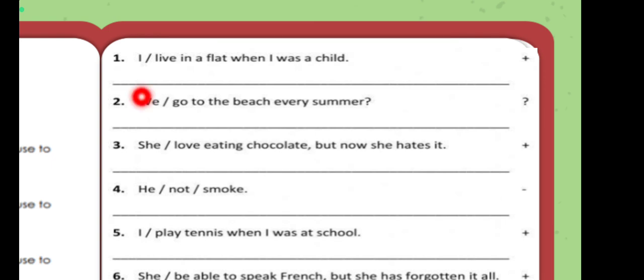Really good. The second is, we used to go to the beach every summer. Great job.